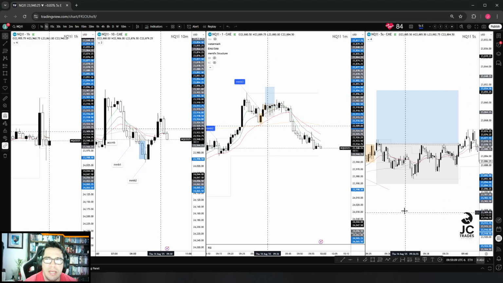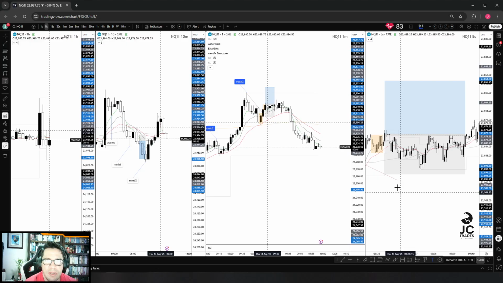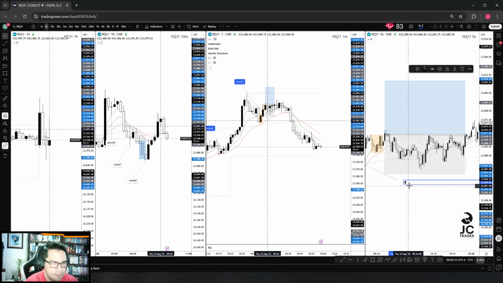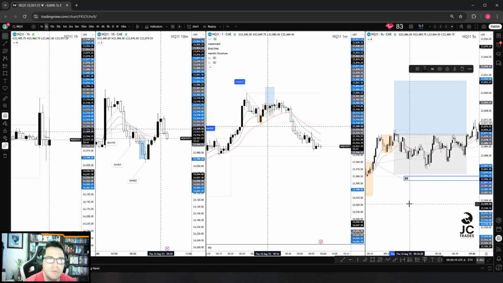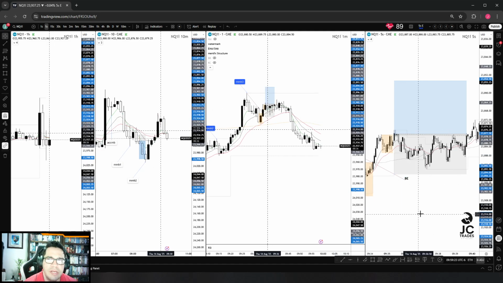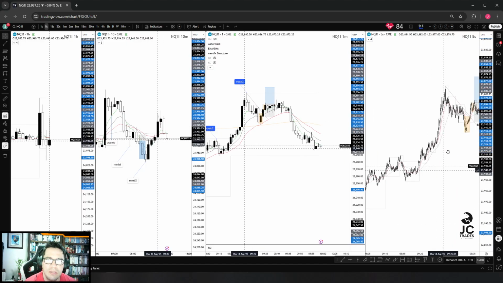So this trade would have been a break even trade. I'm just going to label this one here.